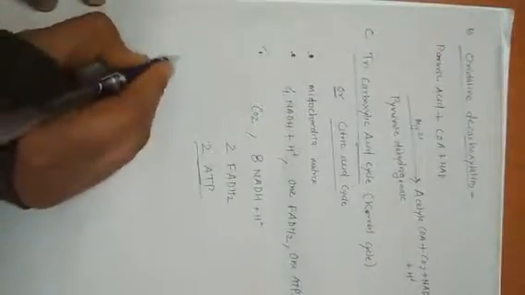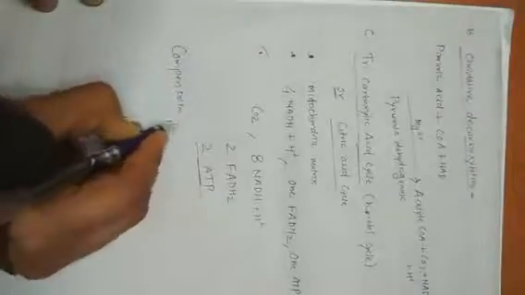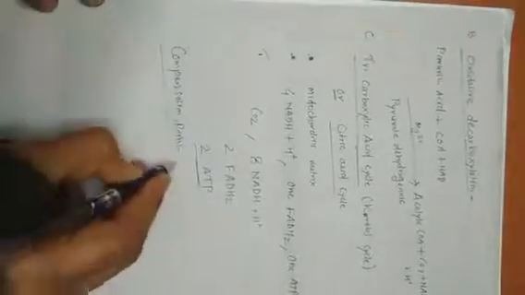Now what is the compensation point? Compensation point is the value of a factor at which the rate of photosynthesis is just equal to the rate of respiration and photorespiration, so that there is no net exchange of gases between the photosynthetic organ and the environment.